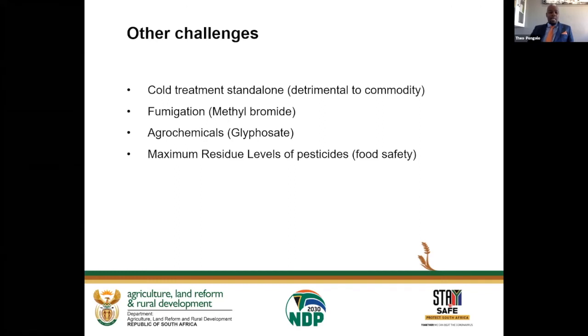The other biggest challenge was that at one stage we were using what we call a standalone cold treatment for citrus to the EU, but it was detrimental to the commodity. It affected the quality of the fruit, shelf life, and so on. It is damaged when it gets to the importing country.